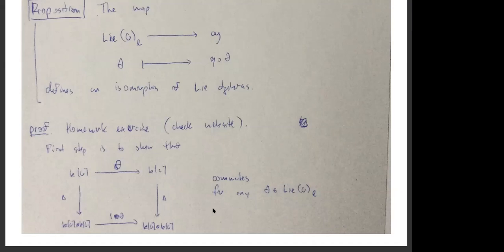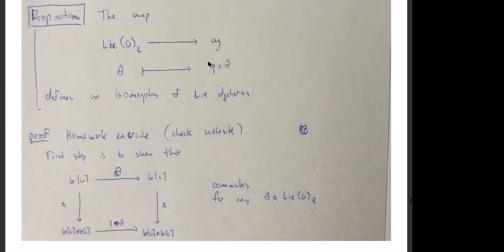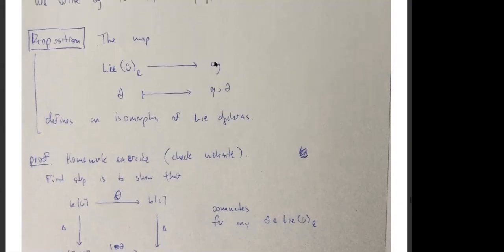Sorry, what is written on the right-hand side of the map? I didn't understand. From Lie G, over here, the previous row.